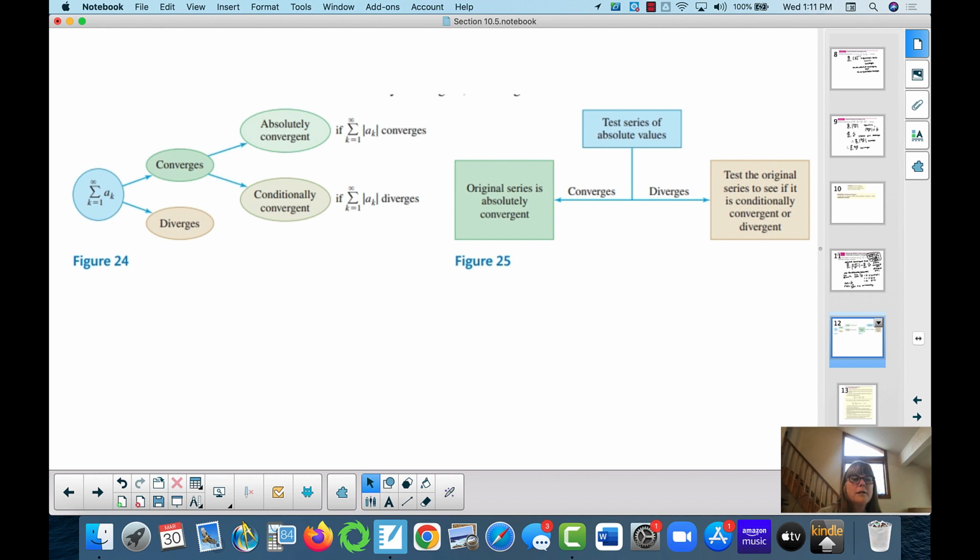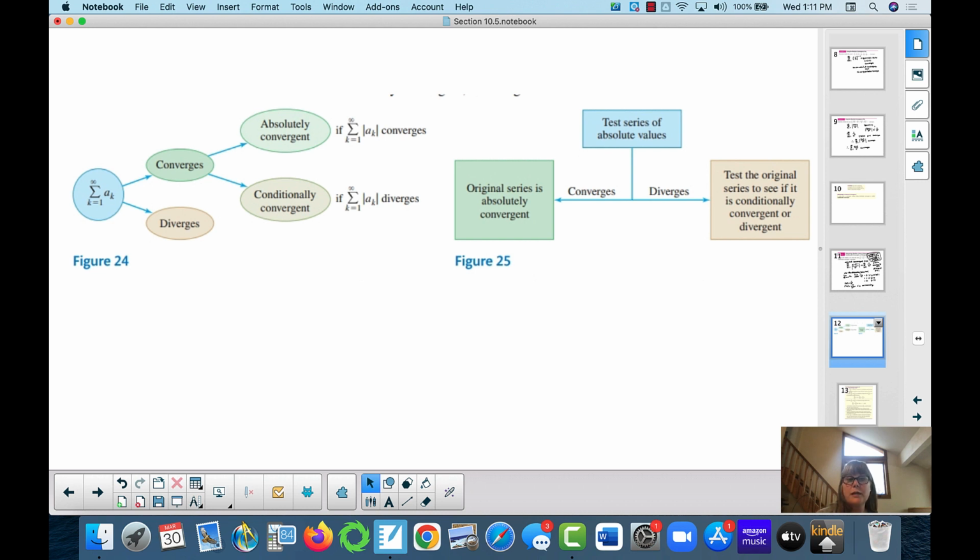This series is conditionally convergent if we figure out that the series converges, but the absolute value of it diverges. And if neither of those are true, then we would say that this diverges. So if we use some other test and figure out that a series diverges, we're done. If we figure out a series converges, but we want to know if it's absolutely or conditionally convergent, we have to see if it passes the absolute convergence test.